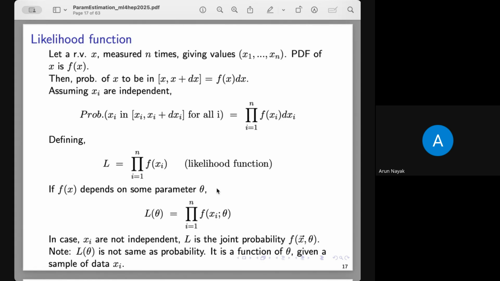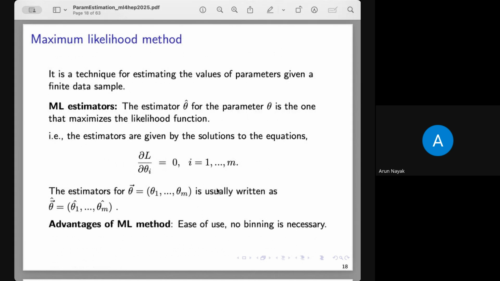That means we maximize the likelihood, or instead of maximizing the likelihood itself, we actually maximize the log likelihood, so that it is easier to do the numerical maximization. And in practice we actually minimize the negative of the log likelihood.